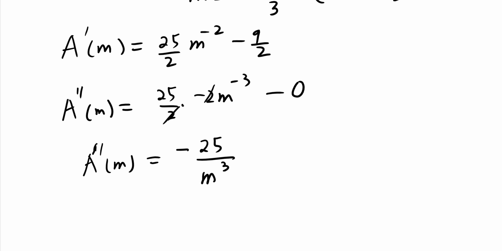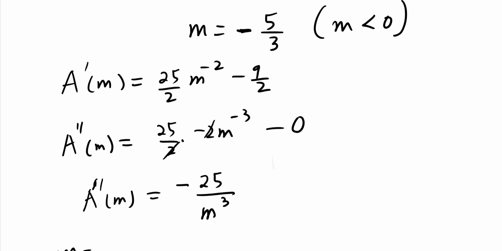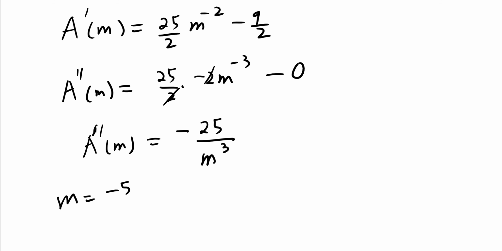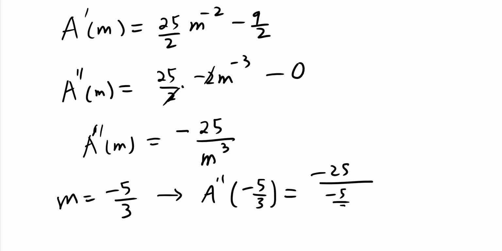And now I'm using the second derivative test to make sure that this will minimize the area for us. So what is m? M, the one I chose was negative 5 over 3. Then what would be the second derivative? You don't have to calculate exactly the value, but you know that the top is less than 0, the denominator is also less than 0, their division is bigger than 0.